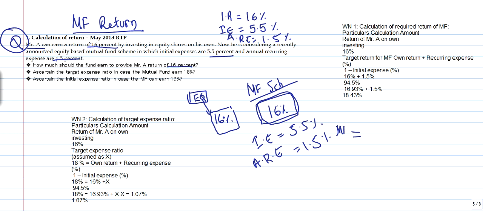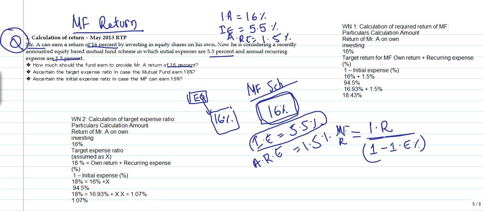What is MF return? In this case, the formula will be individual return divided by 1 minus initial expense, because the initial expense will be deducted from whatever we are getting. Plus we need annual recurring expense also, we have to recover that also.